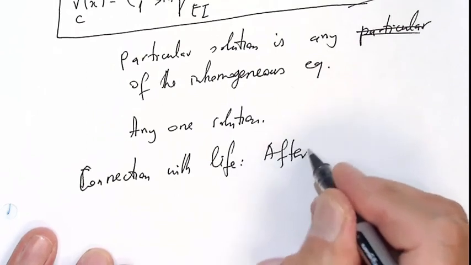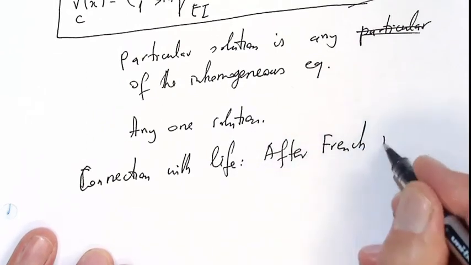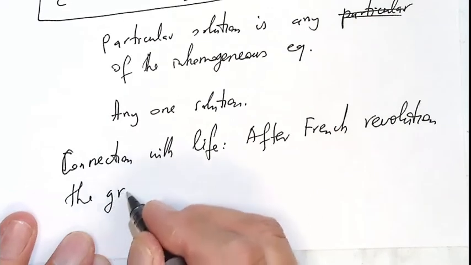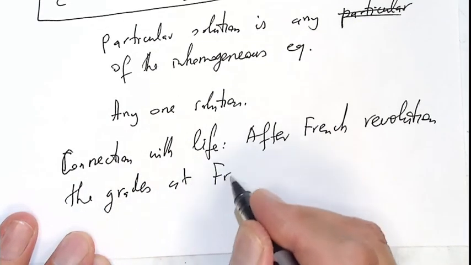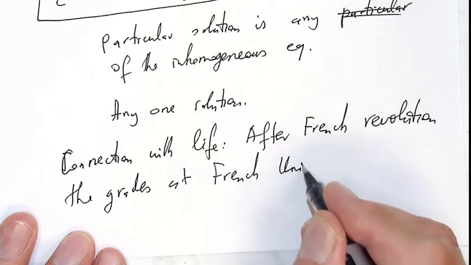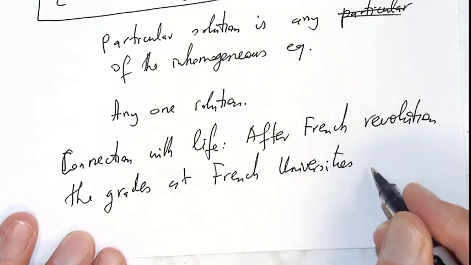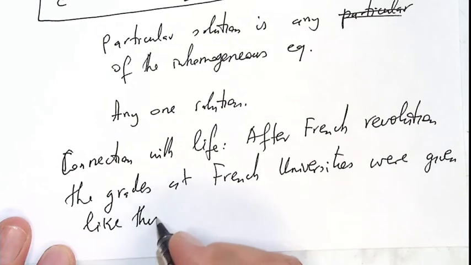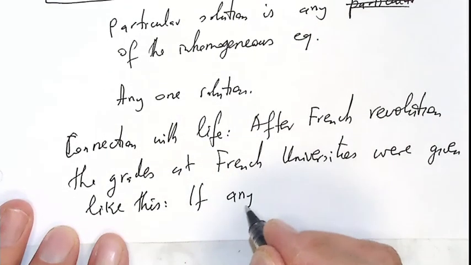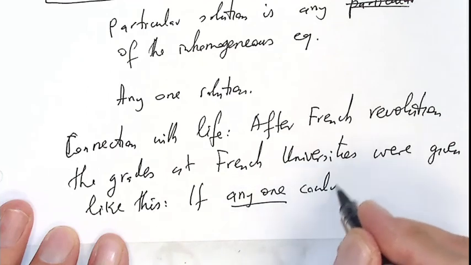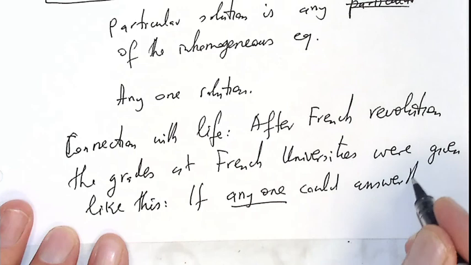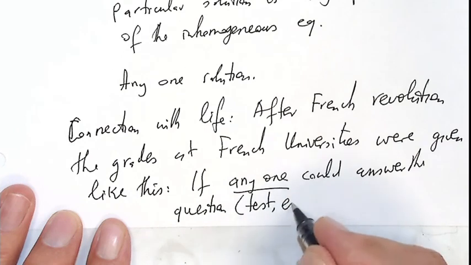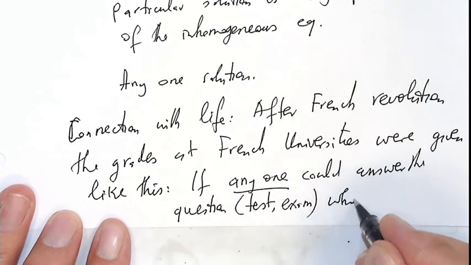After the French Revolution, the grades at French universities were given like this: if anyone could answer the question, likewise test, exam, the whole class was passed.